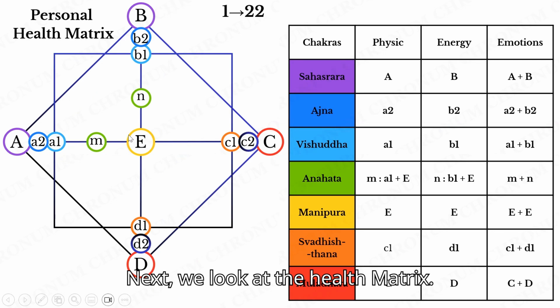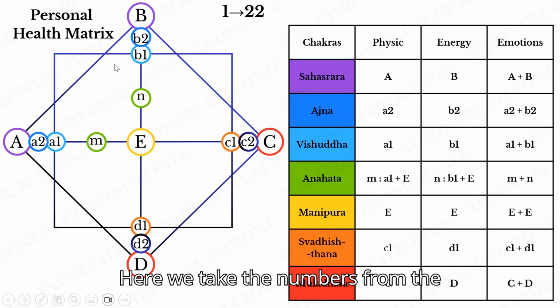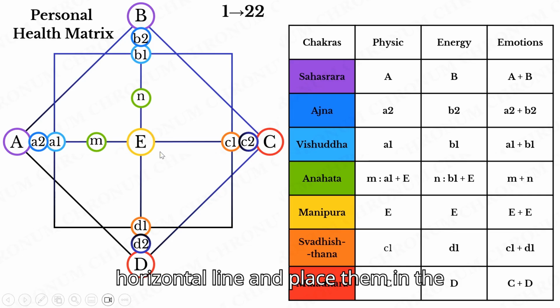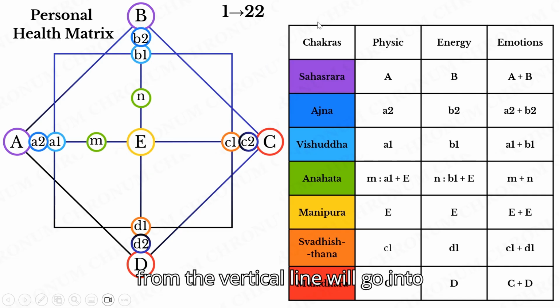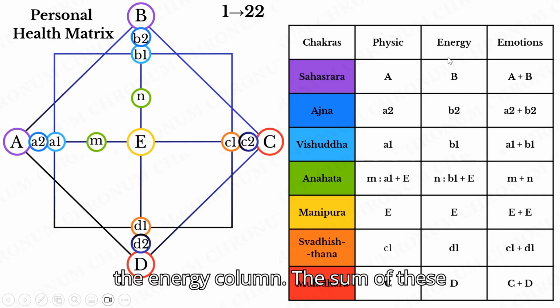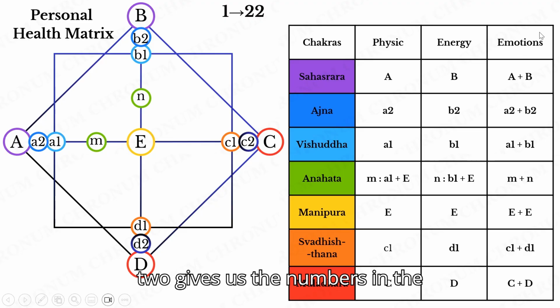Next, we look at the health matrix. Here, we take the numbers from the horizontal line and place them in the physics column, and the numbers from the vertical line will go into the energy column. The sum of these two gives us the numbers in the emotions column.